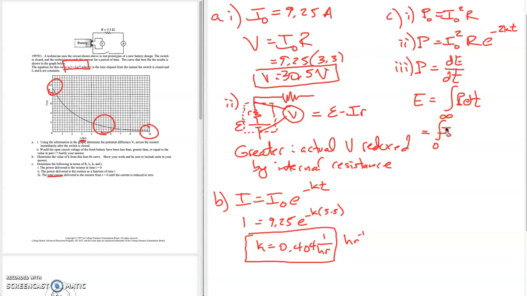We'll have I naught squared R e to the minus 2kt dt. Yes, from t equal to 0, until the current is reduced to 0. Well, that's an infinite amount of time later, technically speaking. So when we integrate this, remember the exponential stays the same, but we divide by what's in the exponent, so minus 2k is what we divide by.